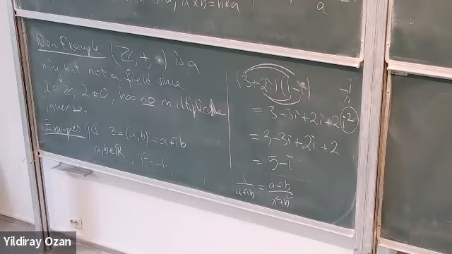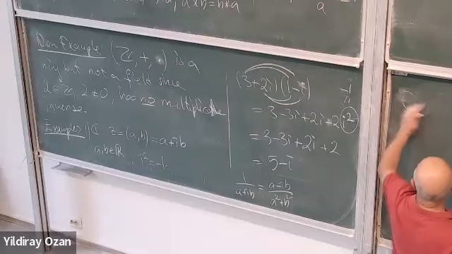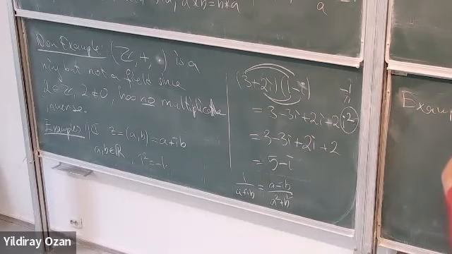I mentioned extensions. So let me explain what I meant by extending a field. As I said, it's a huge topic, field extensions in general, but I'll just give you some examples.